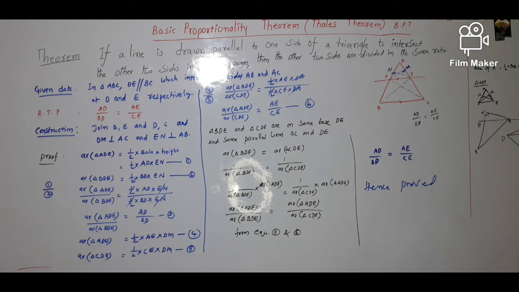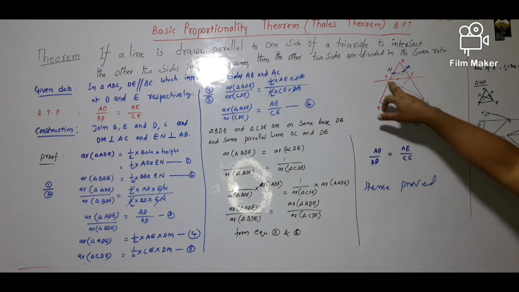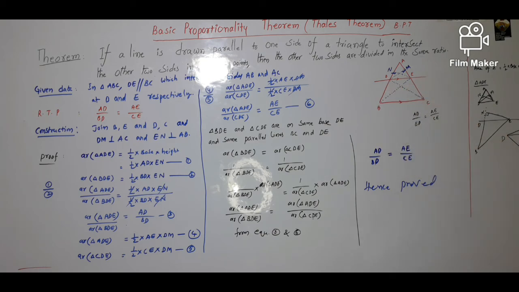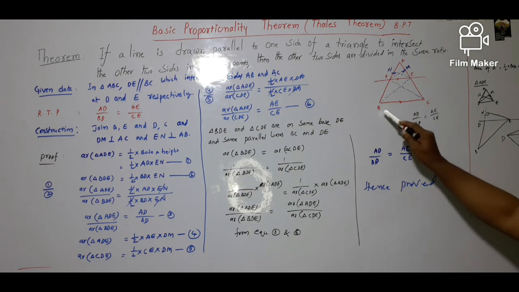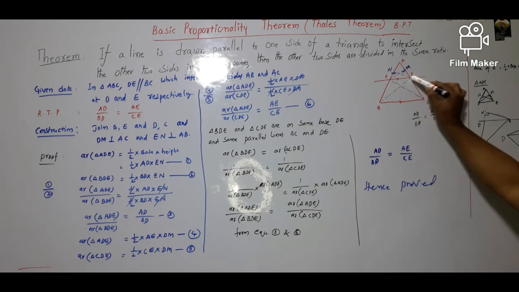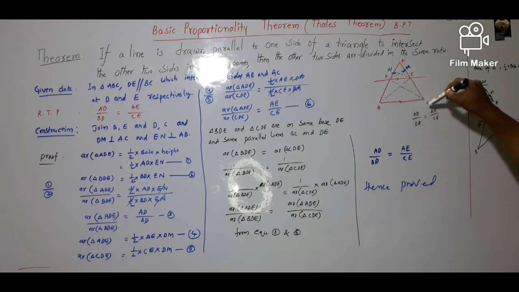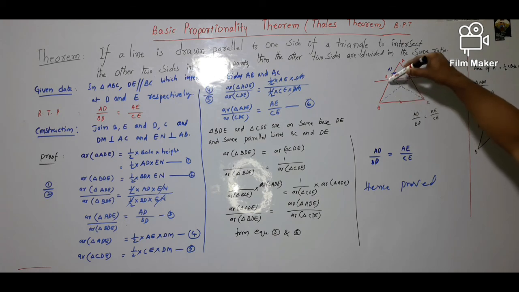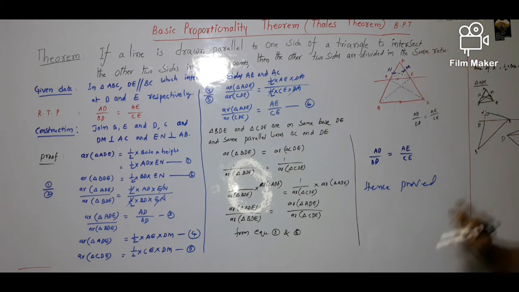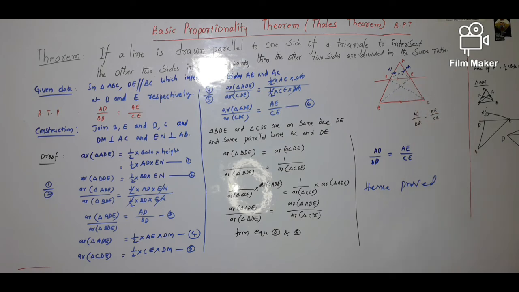Clear? We learnt in 9th class that BC and DE are parallel lines. The base is DE. Triangles BDE and CDE are lying on the same base.